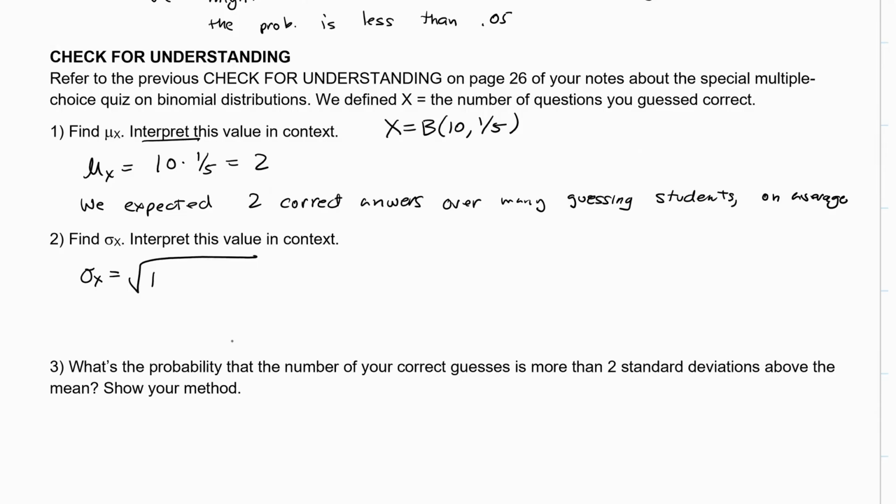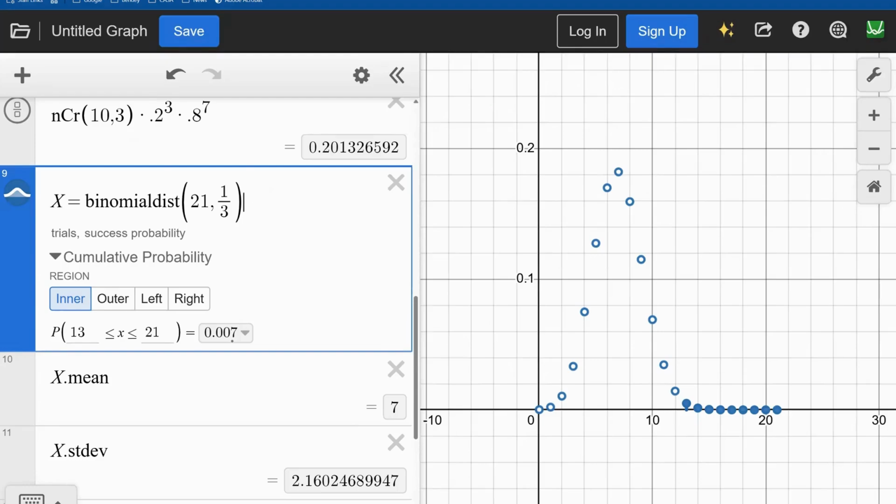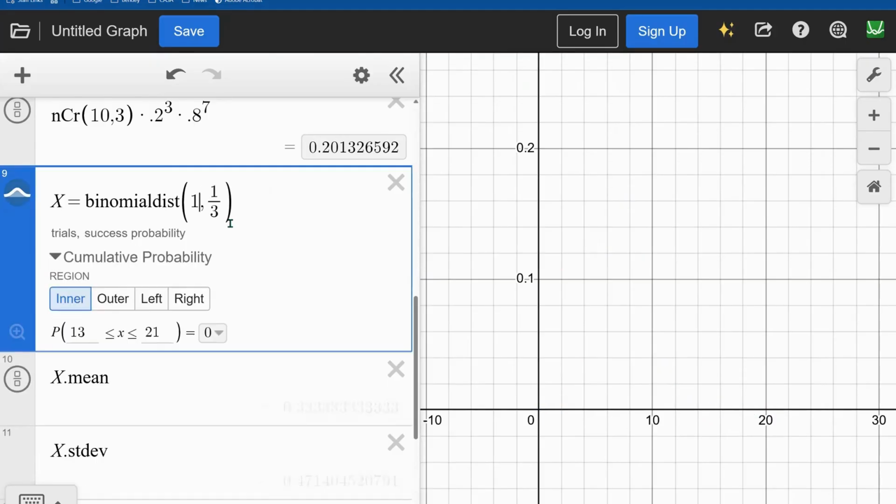The square root of 10 times 1/5 times 2/5. Okay, let's calculate that. I might do it two ways. I might put in 10 questions with a 1/5 probability here and see the standard deviation is 1.264.